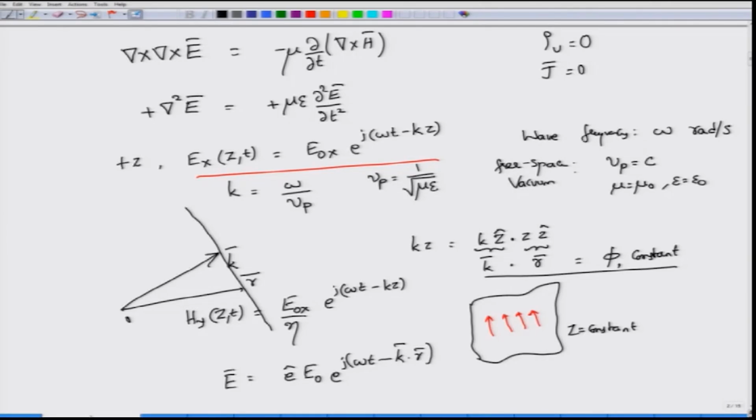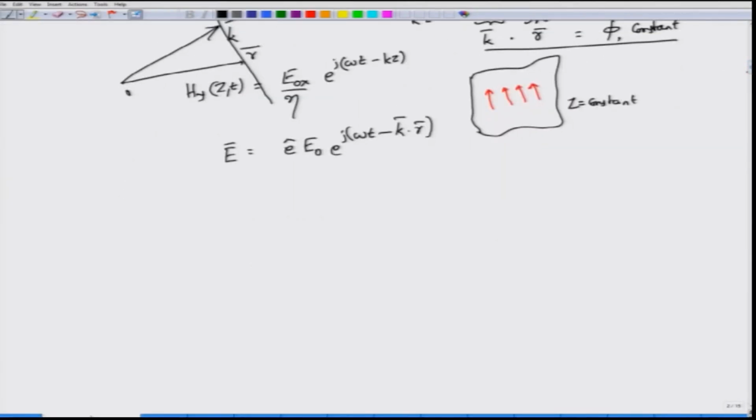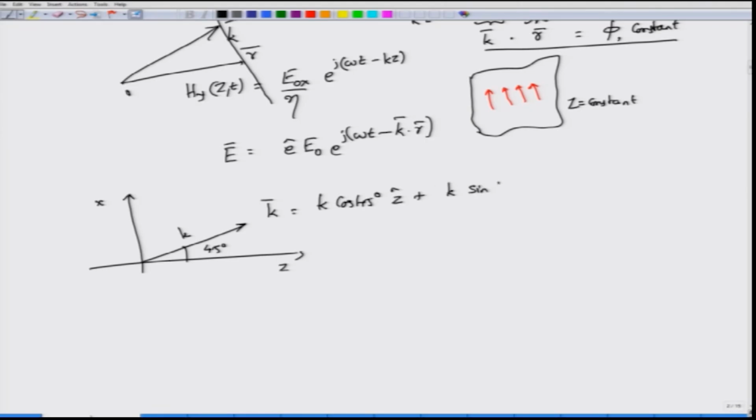As an example, consider a wave which is propagating in the z and x plane. It is propagating at an angle of 45 degrees with respect to the z axis. So, what will be my k vector? K vector will be, assuming that the magnitude of the k vector is given by k, the vector k will be given by magnitude of k times cos 45 degrees along z axis plus k sin 45 degrees along x axis, right.